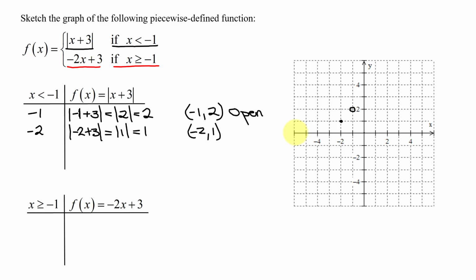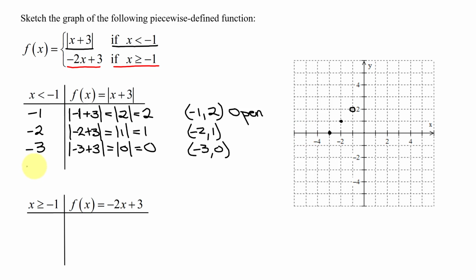So moving to the left, when x equals -3, I get the absolute value of -3 plus 3, which is the absolute value of 0. The absolute value of 0 is 0. So I get the point -3, 0. -3, 0 is right there.